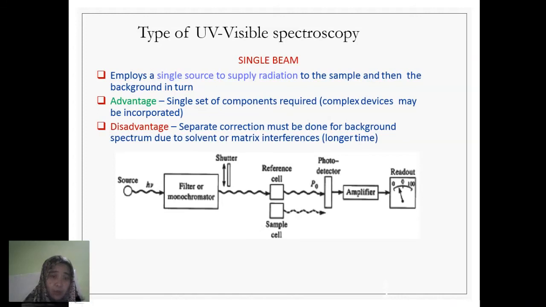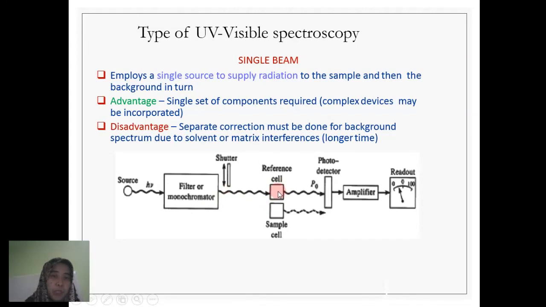Let's have a look at this diagram. First of all, the source goes to the monochromator, and then the sample cell, and the detector. The difference between single beam and double beam is here, from the monochromator to the sample cell or the reference cell.